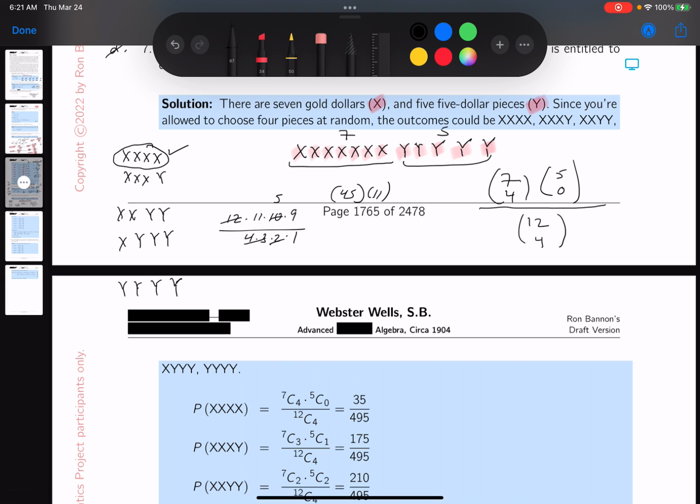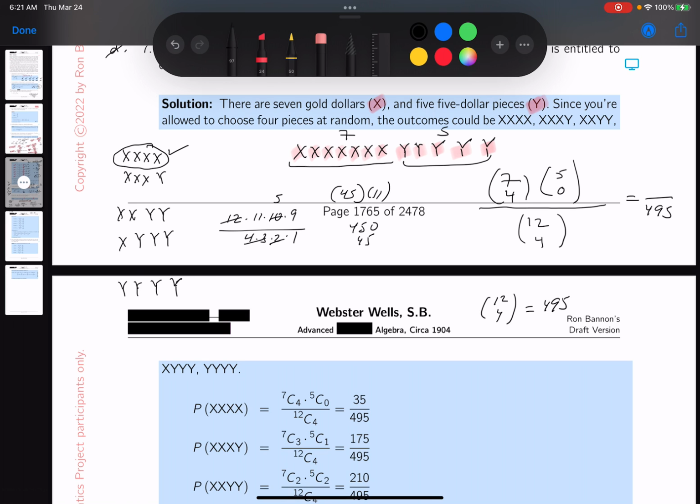Times 11. That's 450. And 45, which is 495. By the way, I don't need to compute that again. So 12, 4, I'll write this over here, is equal to 495. All right?